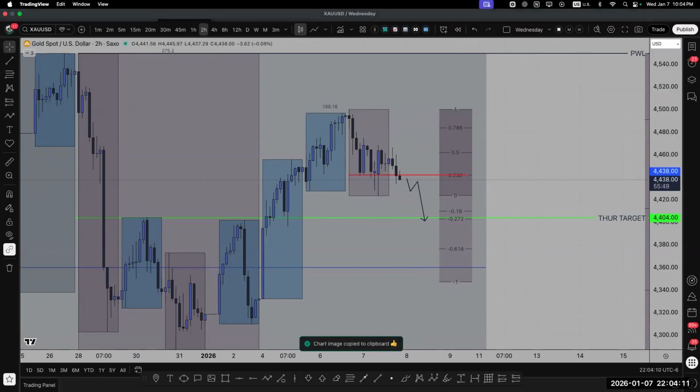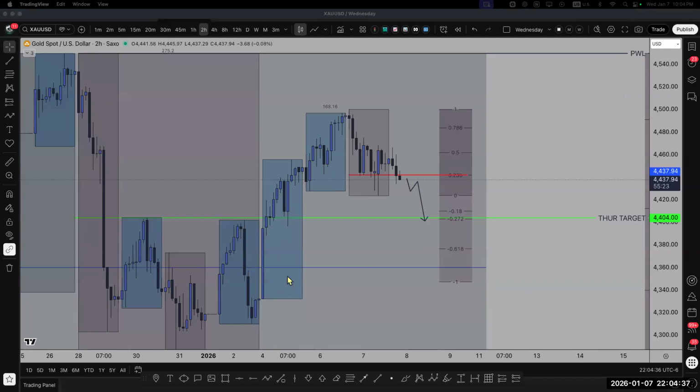There you go, man. But yeah, there it is, guys. That is the midweek review. We do have heavy news tomorrow, and also Friday, so just be mindful of that. But technically speaking, there goes the target. I would like for us to see if we go to 44.04. We have in our favor Thursday's price action that is bearish.